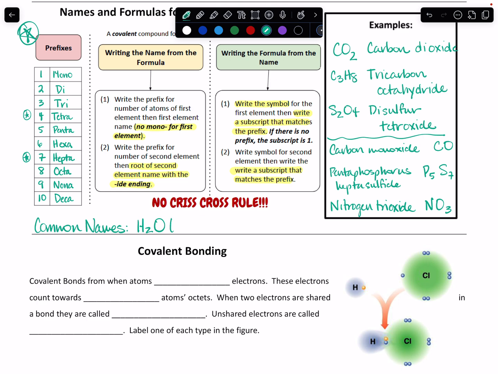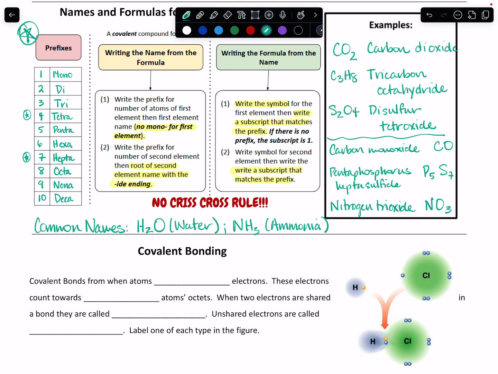All right, instead, this has a common name, which we use all the time, which is water. All right, the other one, which we're going to see the most, is NH3. All right, so this is not nitrogen trihydride. All right, this is instead most often called ammonia. All right, so you should know those two common names, because you're going to see those quite a bit. All right, and that's really it.